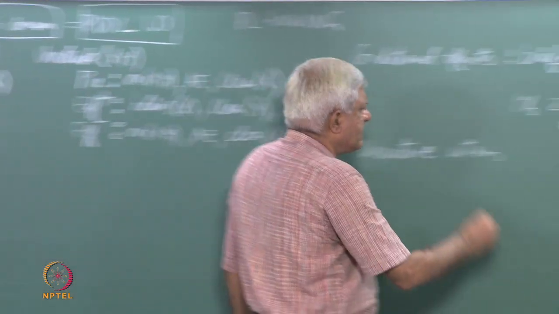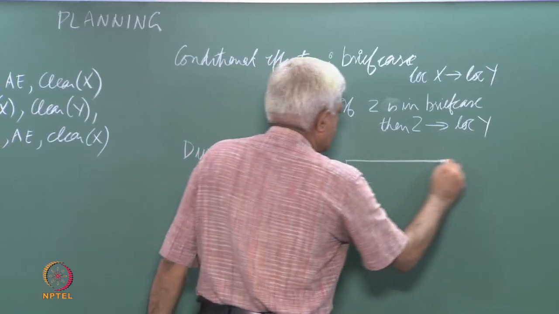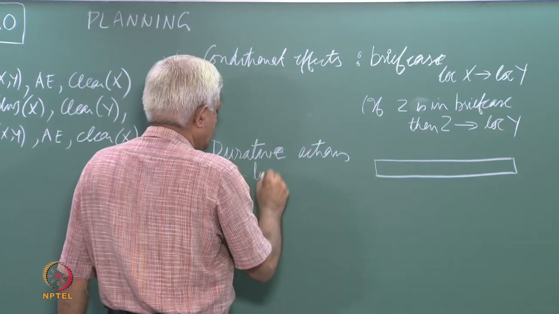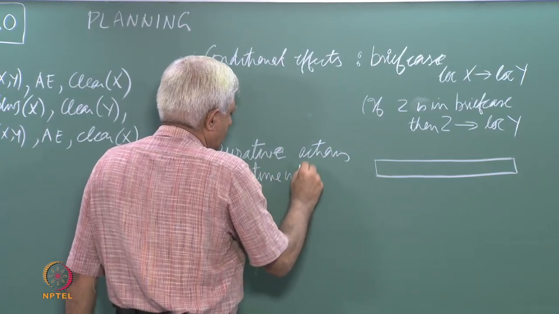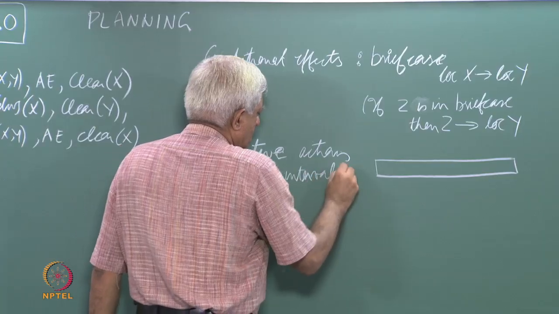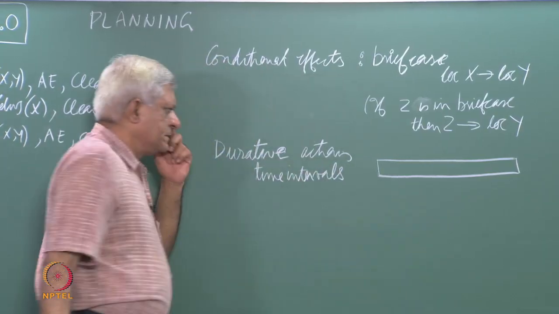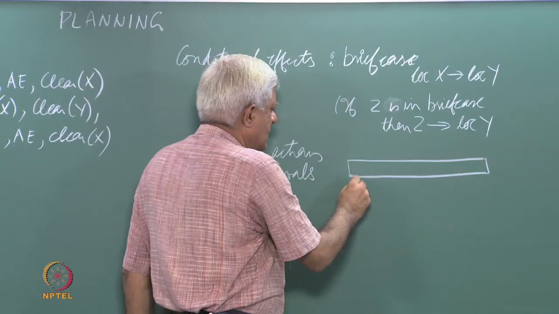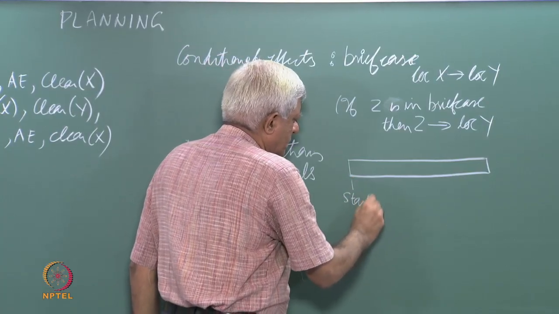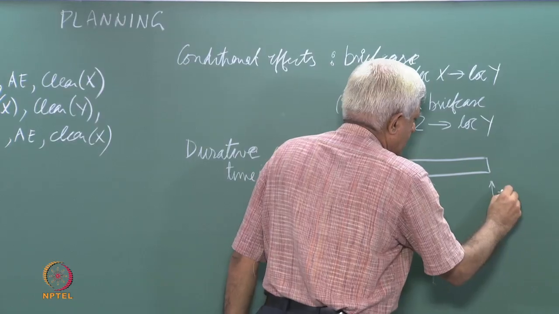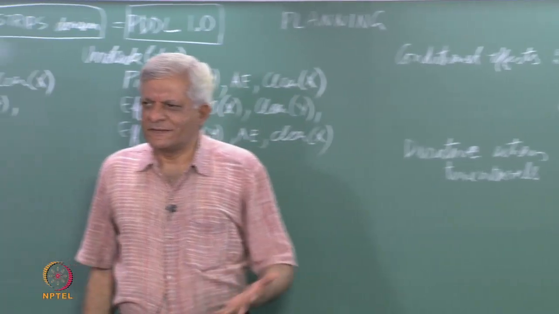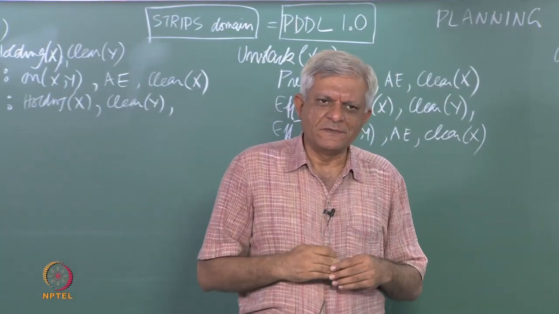So, durative actions are represented by durations or intervals. This is the start of the action and this is the end of the action. For example, consider the action of going from here to the hostel.